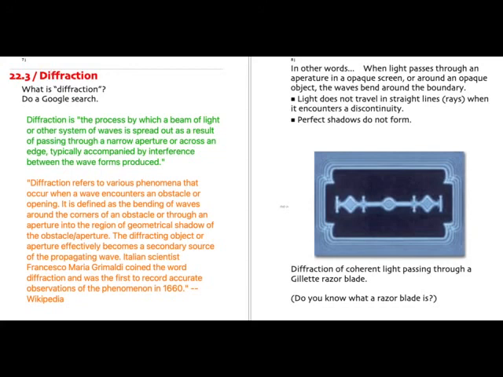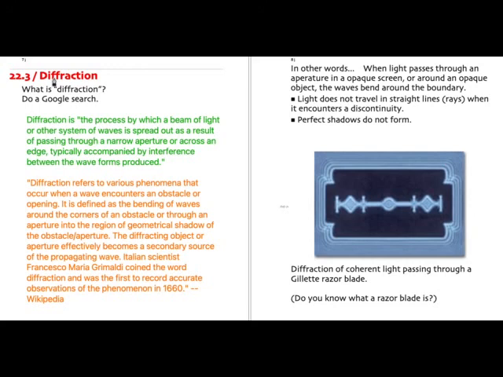Okay, so chapter 22 is about the wave nature of light, wave optics. And we've seen how the first two sections describe how light waves can interfere, and some examples of that. Now, another property of waves is called diffraction.